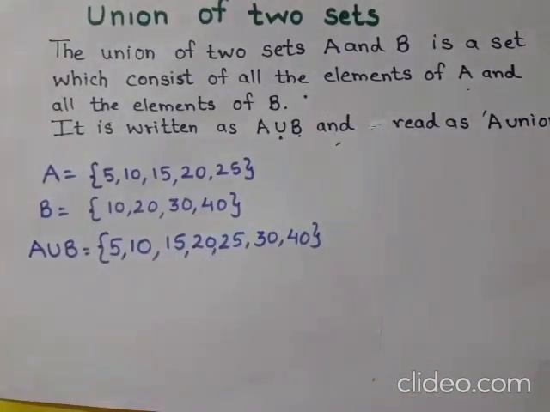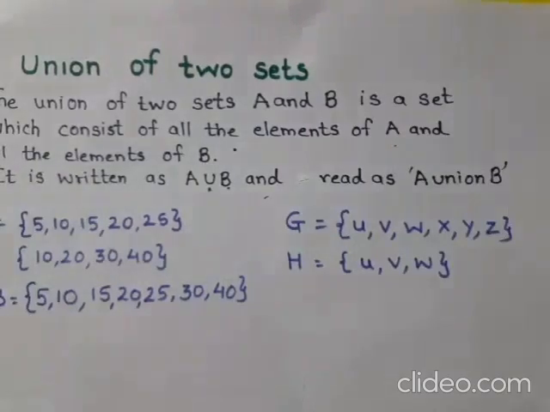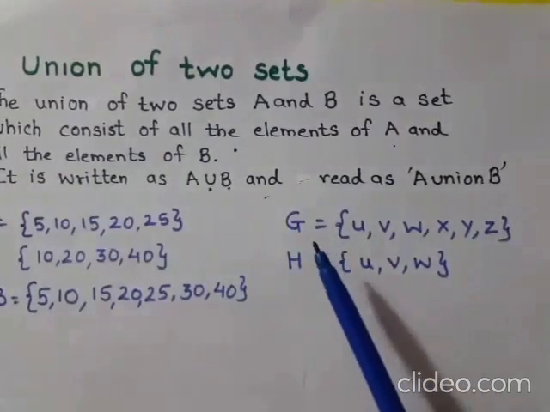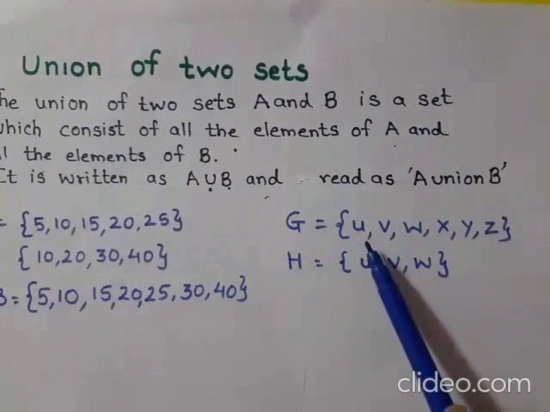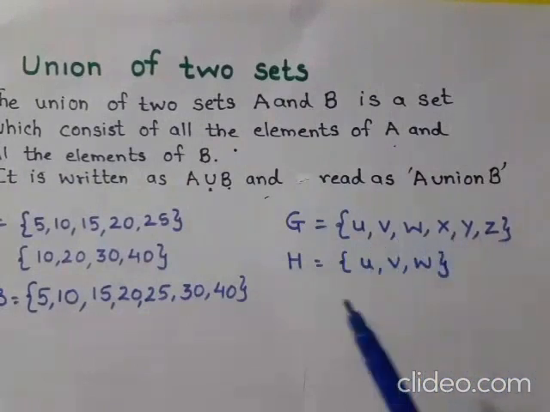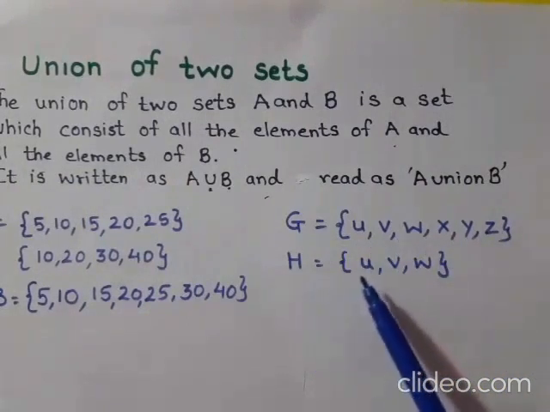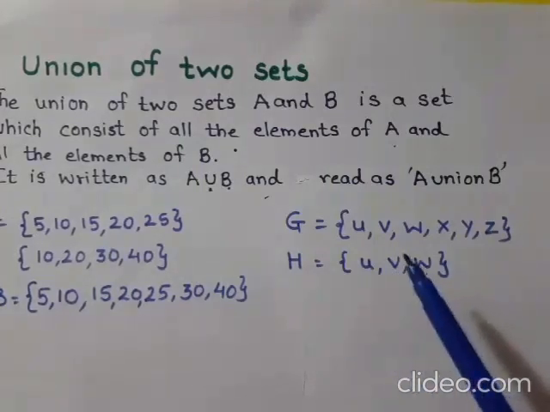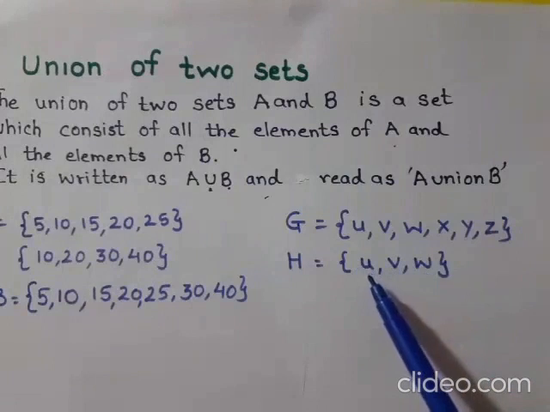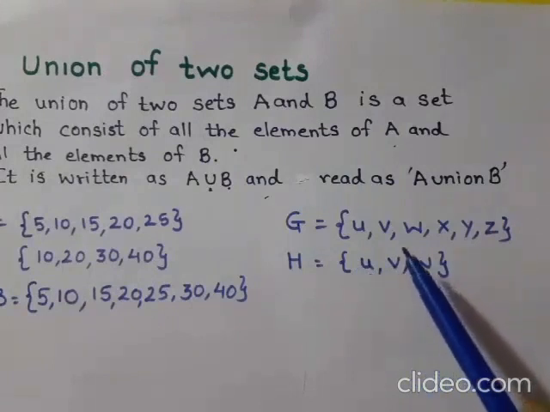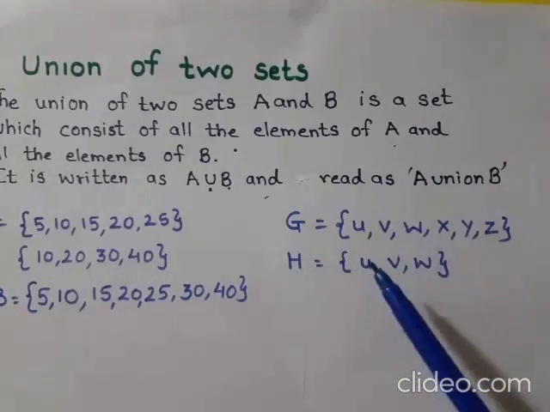Let us see one more example. Now here set G contains elements U, V, W, X, Y, Z. And set H contains elements U, V, W. First we will see that elements U, V, W are common in both the sets.